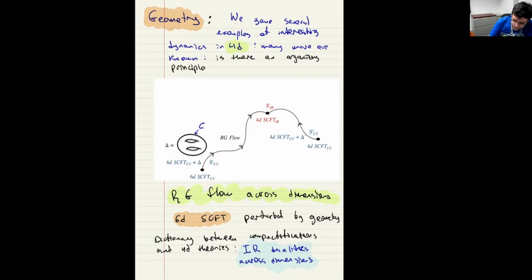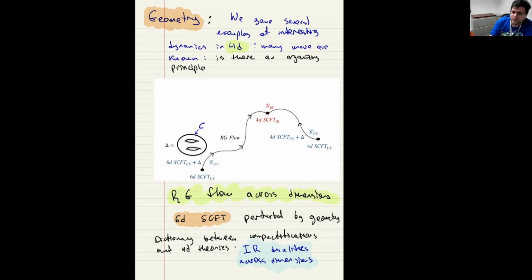So in this way, starting from 6D SCFT, first of all, we will be able to engineer a lot of quantum field theories in 4 dimensions. And the UV completion, by definition of these 4-dimensional theories, is this 6-dimensional SCFT deformed by the geometry. In principle, this SCFT can be a collection of free fields.